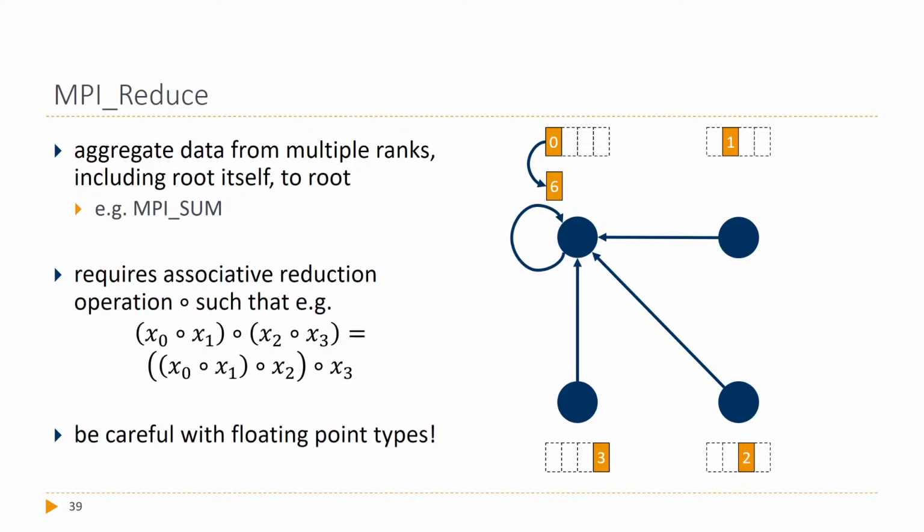They're designed to be very fast, and they're designed to be reproducible, which means if you do the same order of operations with the same data, you will get exactly the same result. This might sound stupid, but this is not guaranteed for every operation out there in computer science. So this is an important guarantee that if you do the same things in the same order, you will get the same output. However, it does not guarantee associativity. So if you do an MPI sum or product or whatever with floating point numbers and you run this several times, or you run this with a different number of ranks, you might start to get different results.